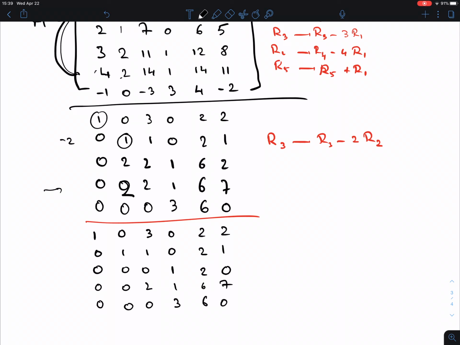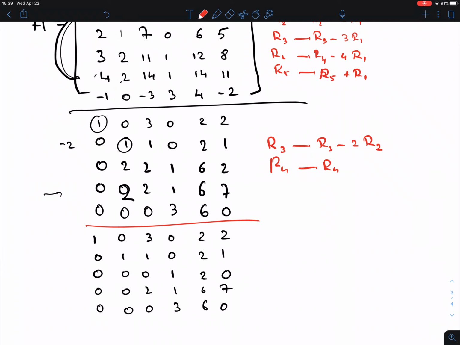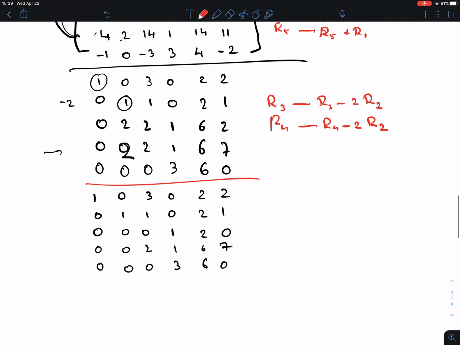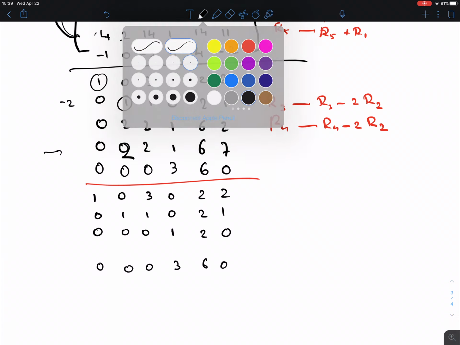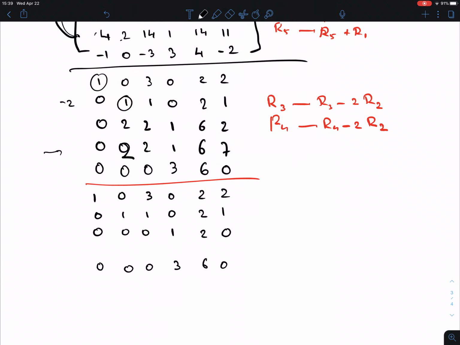So in other words, we have to do the same row operation here, also row 4. That will be row 4 minus 2 times row 2, okay. So let me erase this row here, that's the row that is not correct, right? Okay. So I have to multiply with negative 2 and add up here.